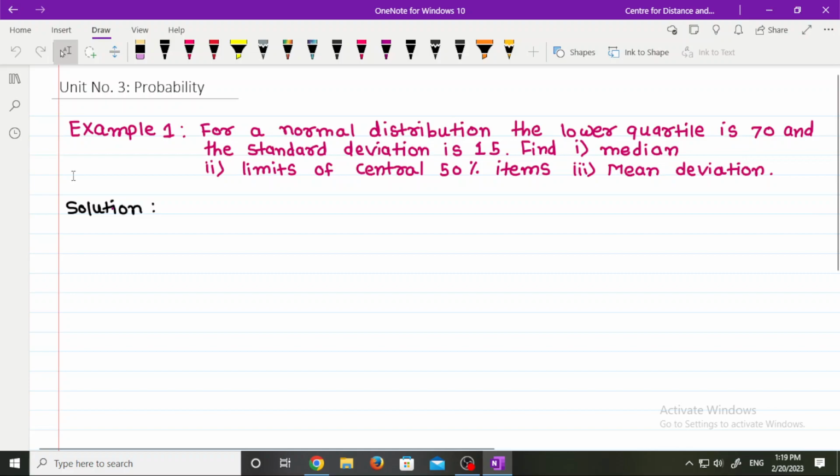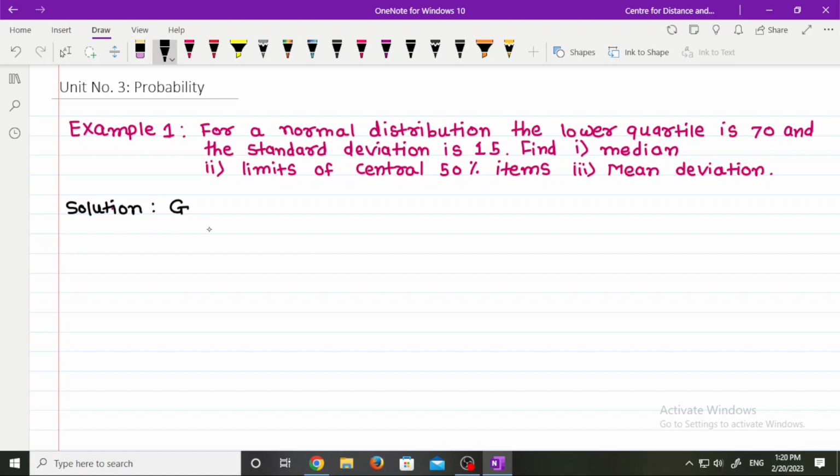Example number 1: for a normal distribution, the lower quartile is 70 and the standard deviation is 15. Find first the median, second the limits of central 50% items, third the mean deviation. Here we are given that for a normal distribution the lower quartile is 70.